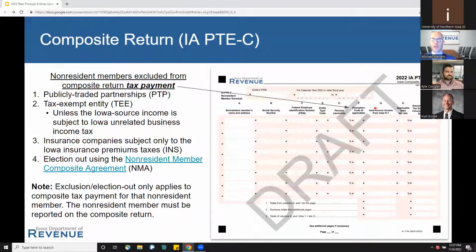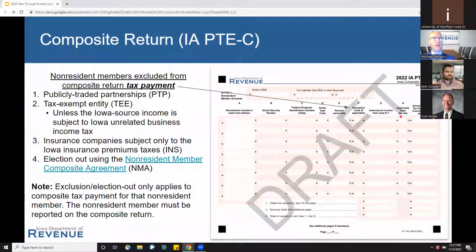Corporations, you'd use the 9.8% top corporate income tax rate. Under Iowa law, if the non-resident member is a partnership or an S corporation, you would use the highest individual tax rate. So you'd be multiplying those members' Iowa source income by 8.53%.